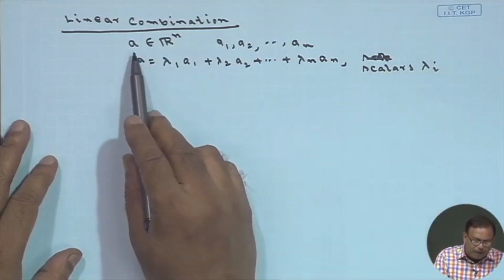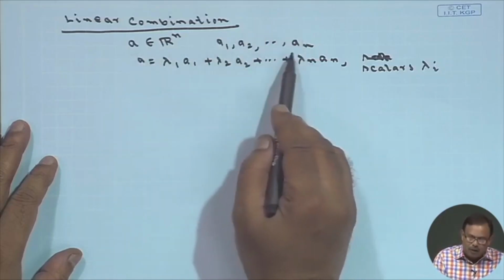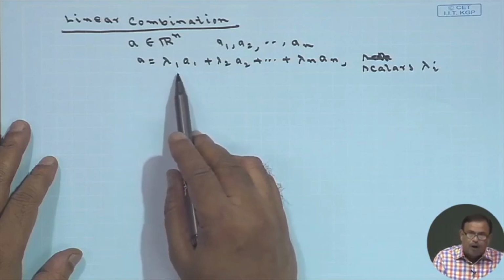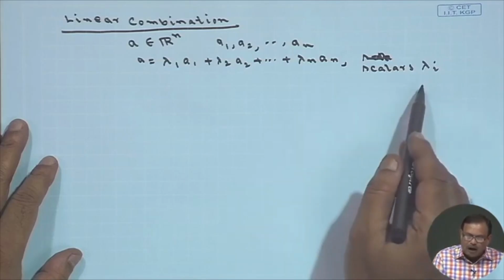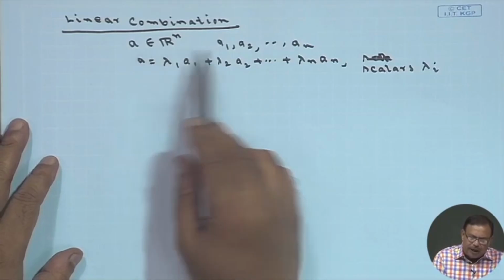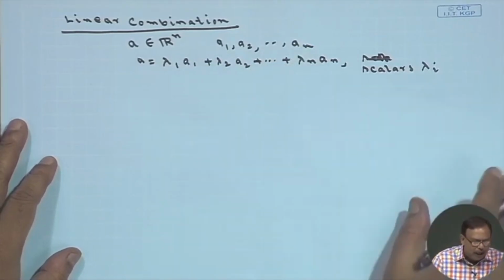So, if I represent A in terms of some n vectors a 1, a 2, a n like this, where the lambda i's are scalars, then we say A is a linear combination of a 1, a 2, a n.